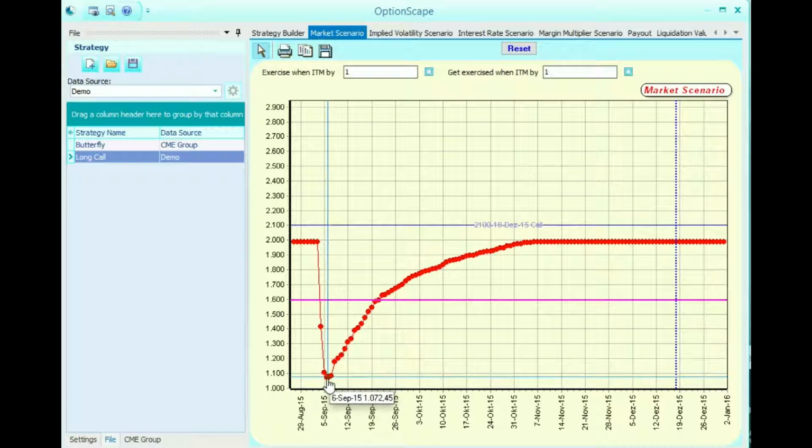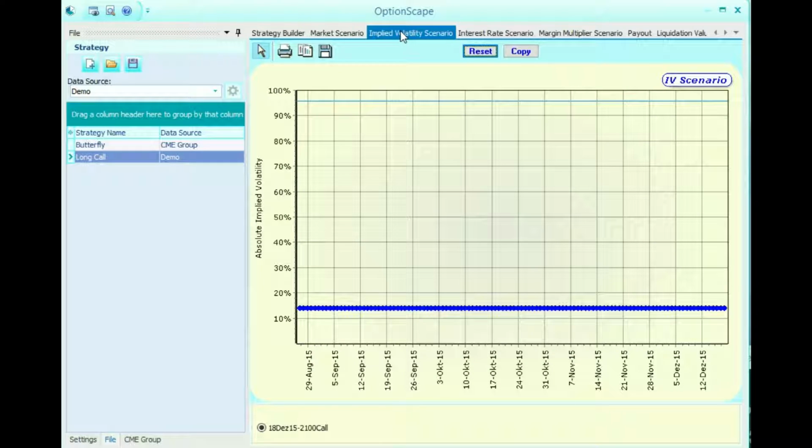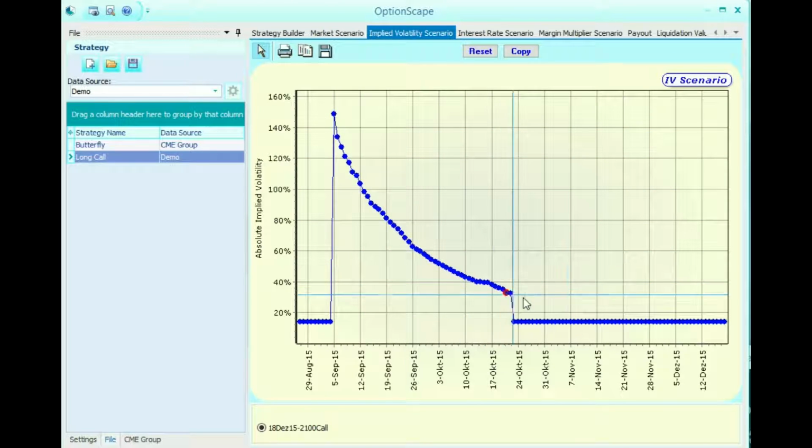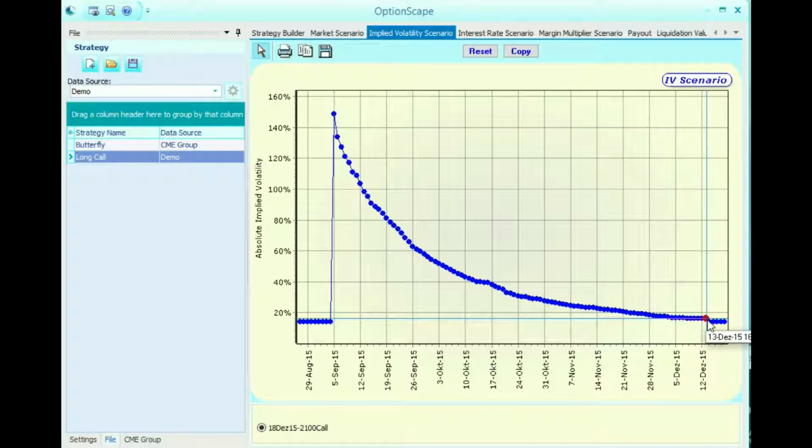So the low is here at the 6th of September, so the implied vola should also be very high on the 6th of September, and then going down. I can use this for a lot of different stress scenarios in the simulation.